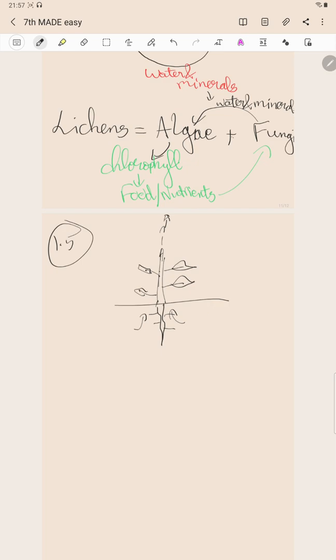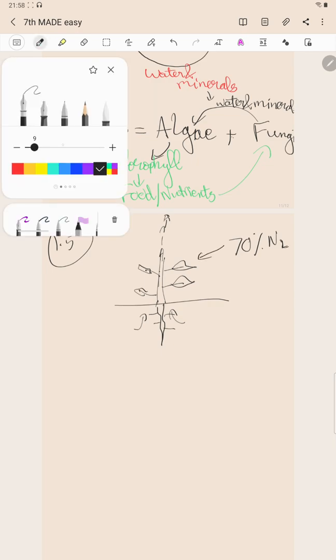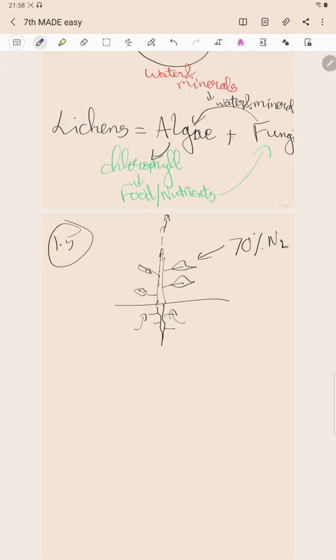We said that the atmosphere contains 70% nitrogen and plants cannot take this in by themselves. This nitrogen is taken up by a bacterium present in the soil. The nitrogen is fixed by Rhizobium bacteria. It's a bacterium.